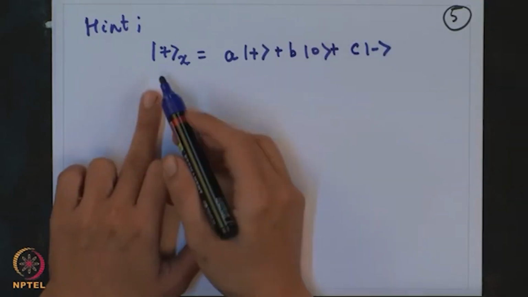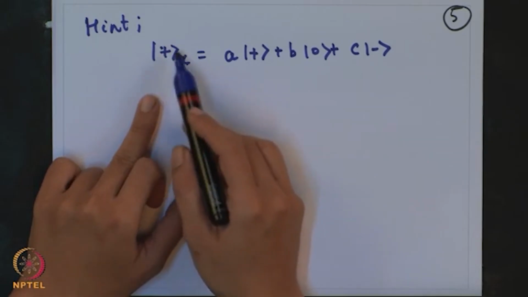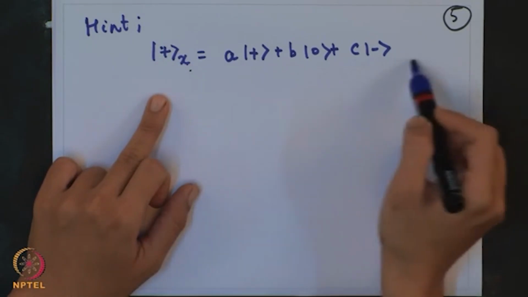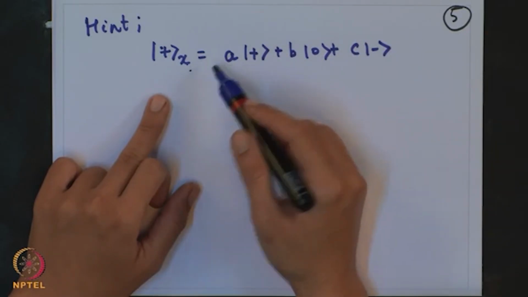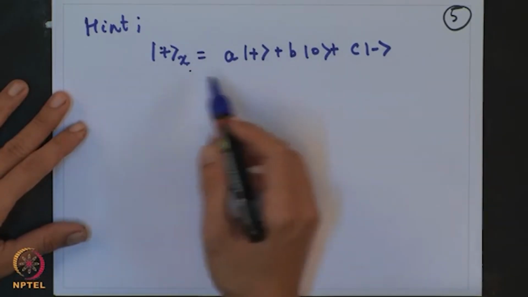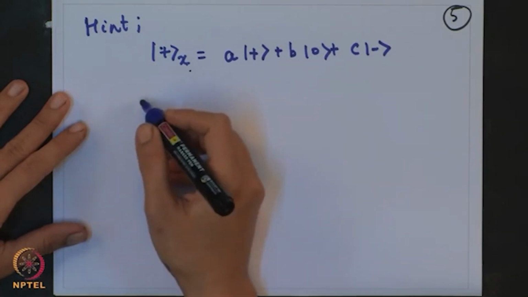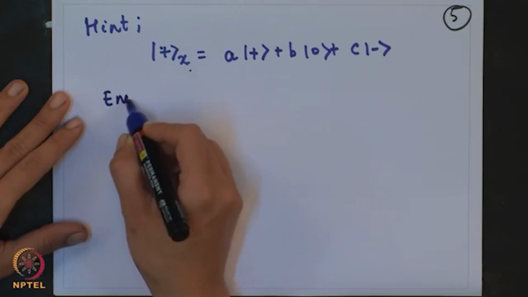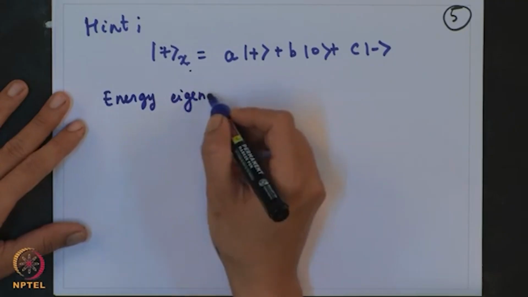So Lx has the eigenket plus x as a linear combination of the eigenbasis of Lz. Now, how will I obtain these coefficients A, B and C? Simply, you can use the eigenvalue equation.